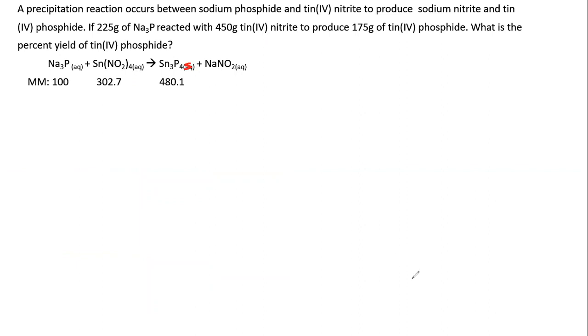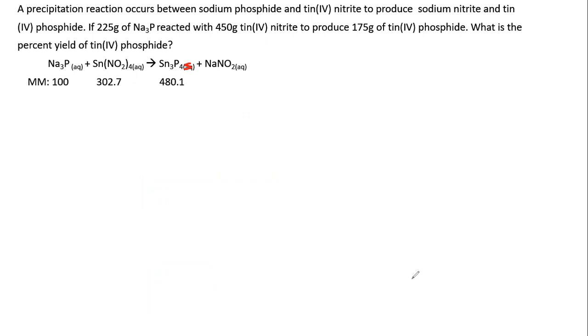We have a precipitation reaction between sodium phosphide and tin-4 nitrite. We produce sodium nitrite and tin-4 phosphide. We use 225 grams of the sodium phosphide and 450 grams of tin-4 nitrite to produce 175 grams of tin-4 phosphide. What is the percent yield of tin-4 phosphide?